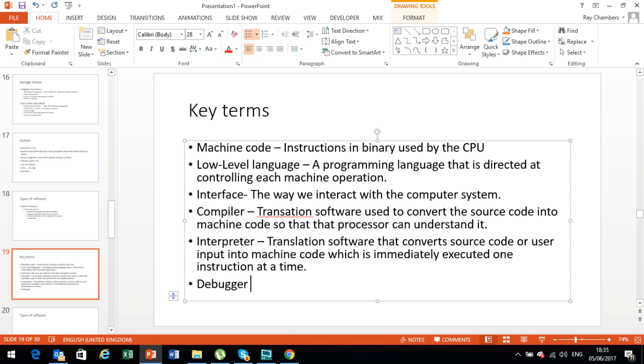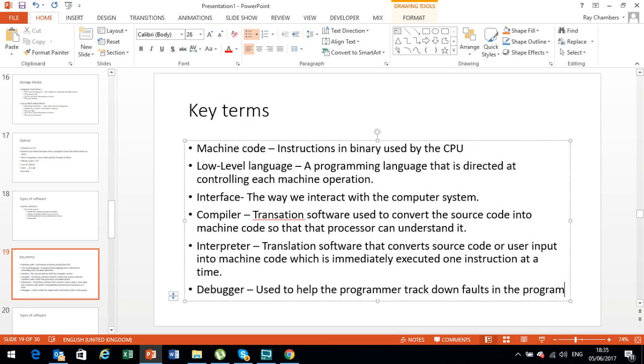Debuggers, used to help the programmer track down faults in the program.